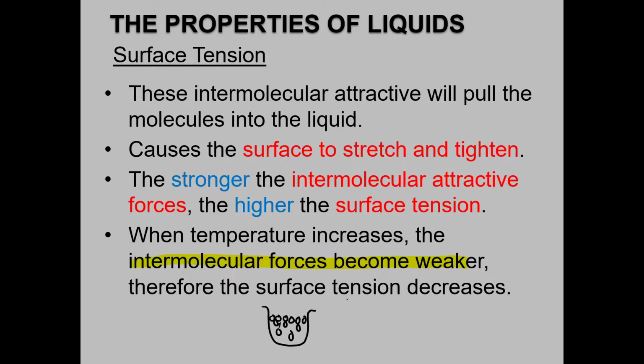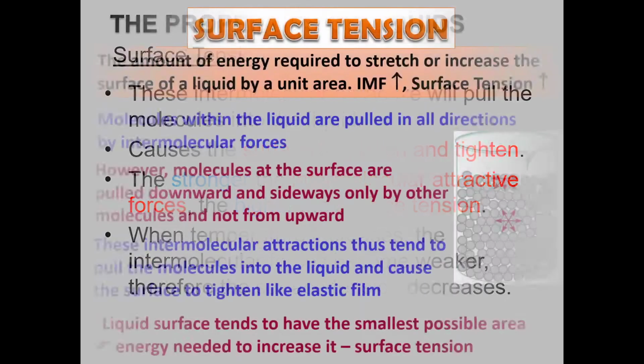So kinetic energy this molecule will become lagi tinggi daripada intermolecular forces. Okay, IMF is a acronym untuk intermolecular forces. Kinetic energy will be higher, so that's why the surface tension will be weak lah. Okay, so kalau you panaskan any liquid, the surface tension will decrease.